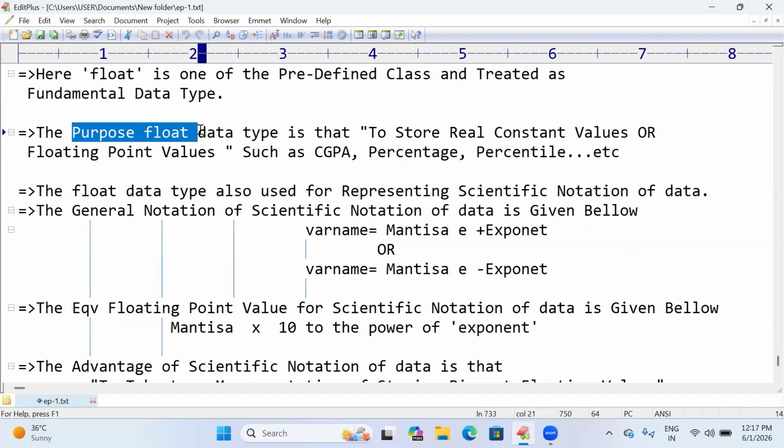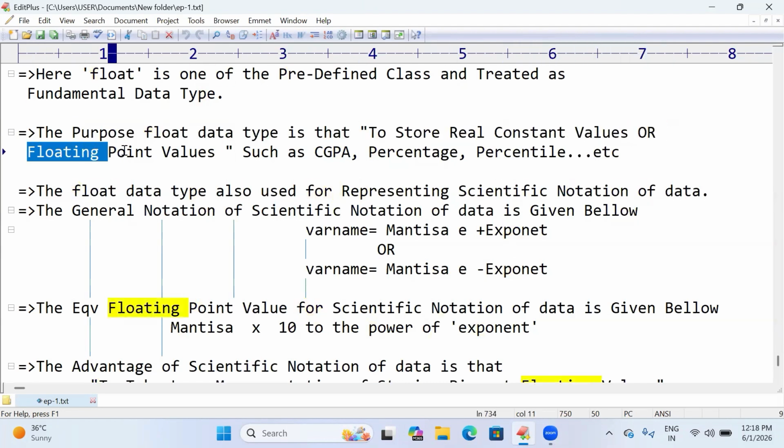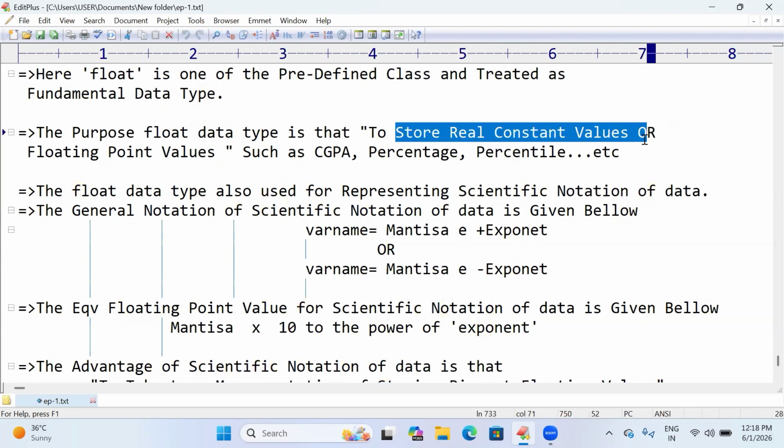The purpose of the float data type is to store real constant values or floating point values such as CGPA, percentage, percentile, etc. For example, the pi value 3.14 and so on.